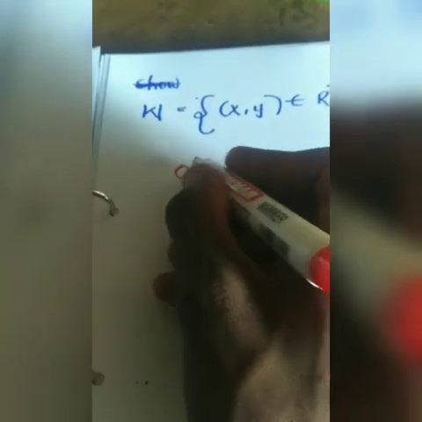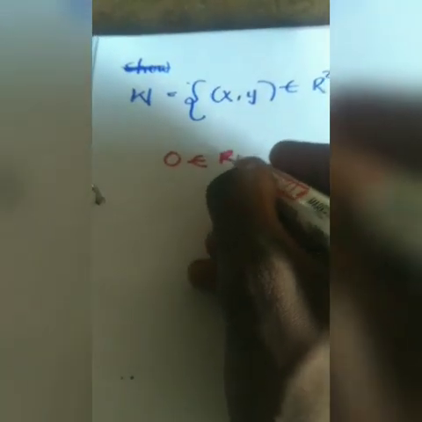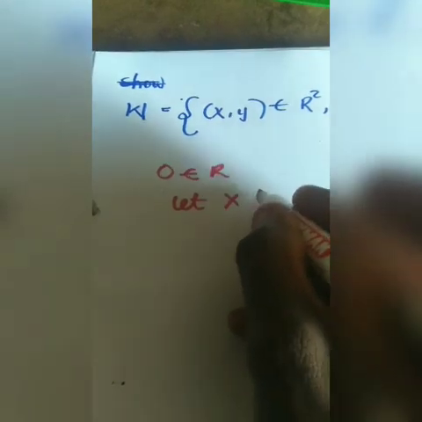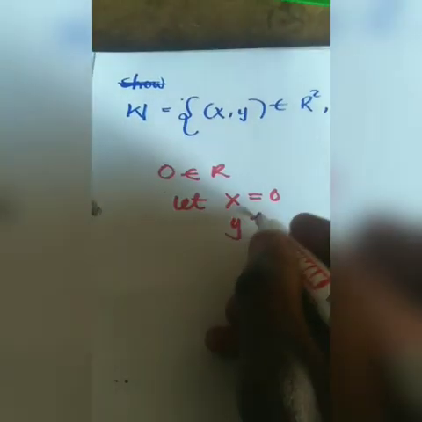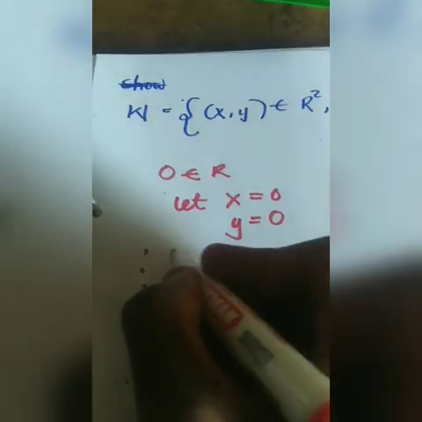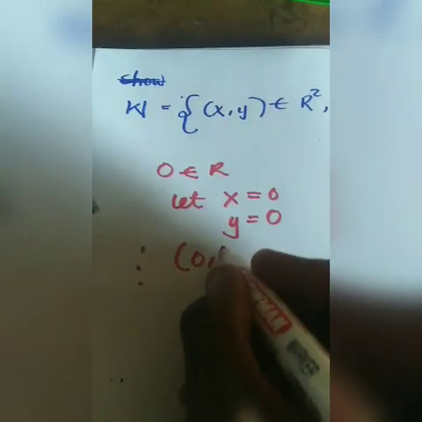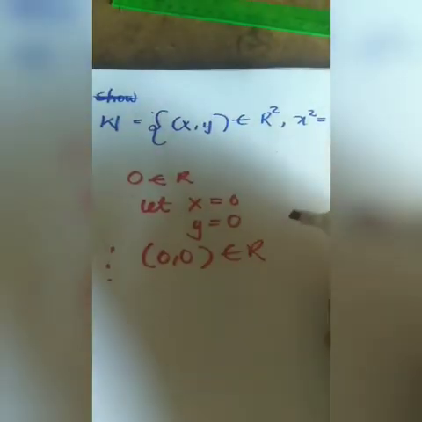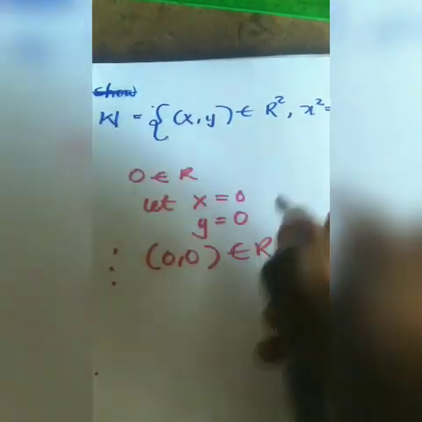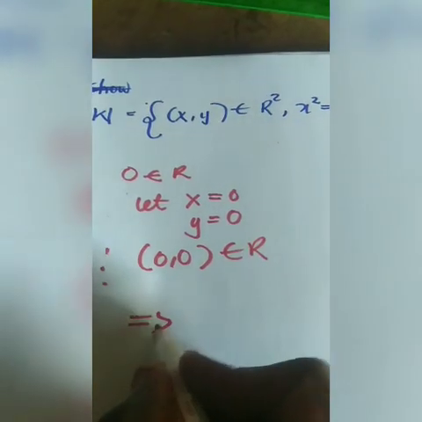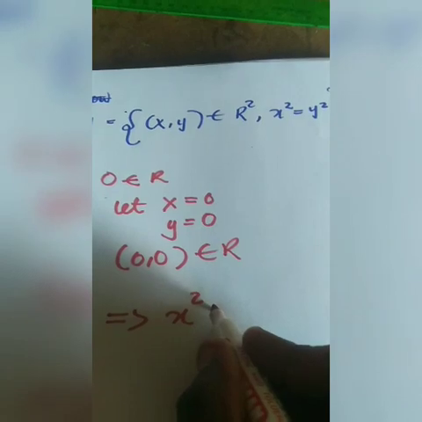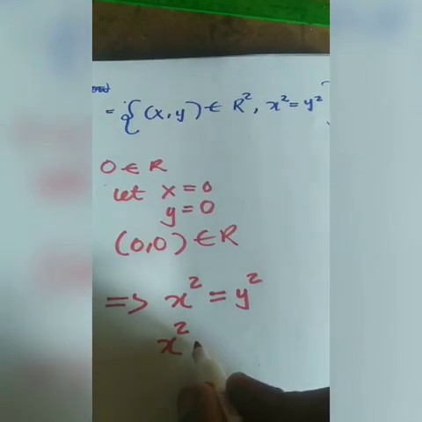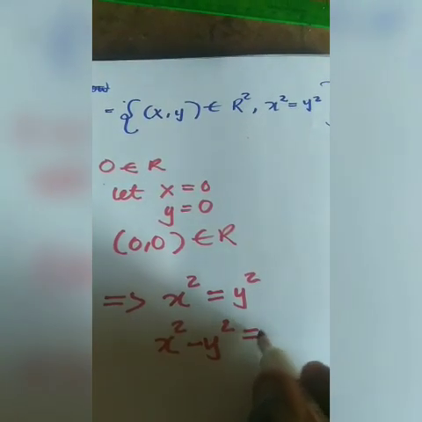So I will say 0 should be a member of R. Then from there I will say let x equal 0 and y equal 0, such that we have the vector 0, 0 should be a member of R. Then x squared equals y squared, and we take the y squared to the other side so that we have 0.